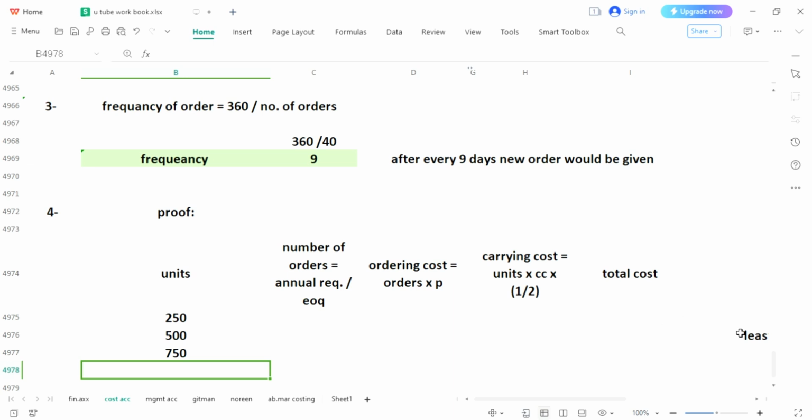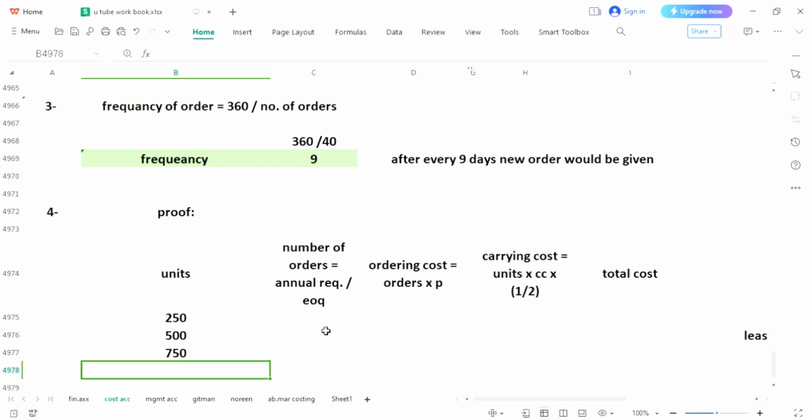in both cases, the cost of 500 would be the least cost, and as the claim suggests, it is not acceptable otherwise. You can see that if you give an order of 250 units, which is less than 500, how could it be possible that the cost of 500 units would be less than the cost of 250 units?